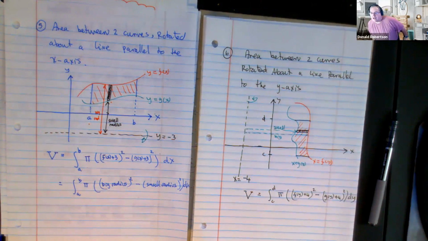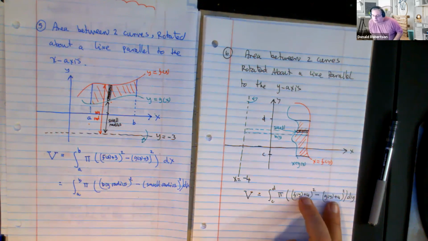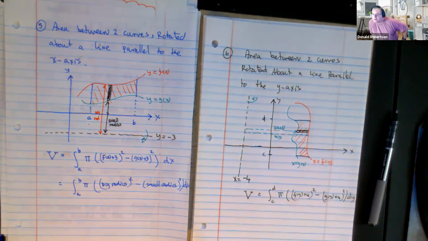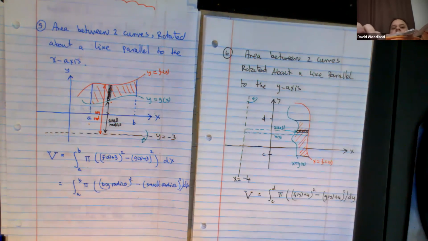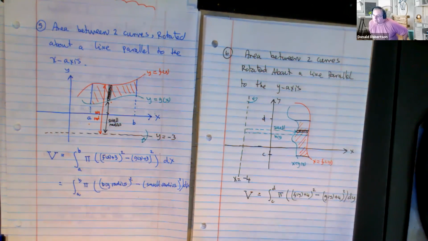What do you think would happen to your answer if you got these two switched around? In other words, the big and the small became the small and the big. What do you think would be noticeable about your answer if you did that? Negative. And do you know it would be negative the right number? So if you got -3/4 pi, wouldn't the answer just be +3/4 pi?